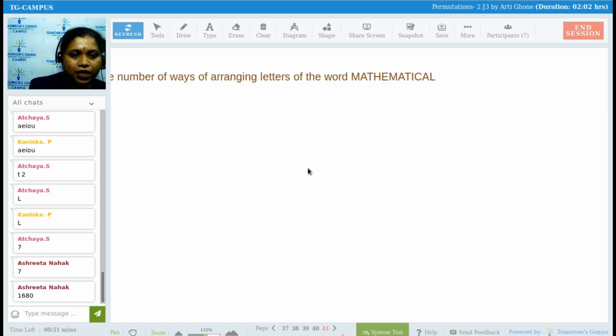C. Find the number of ways of arranging the letters of the word mathematical where vowels never come together.